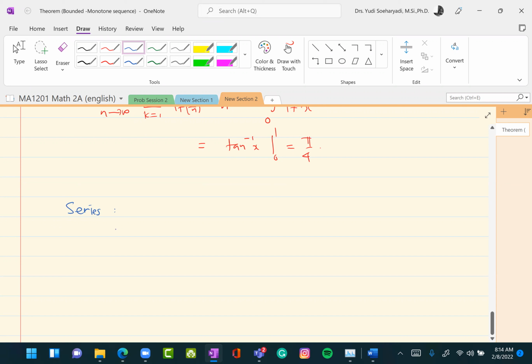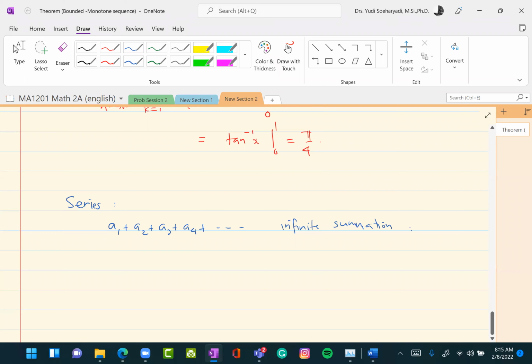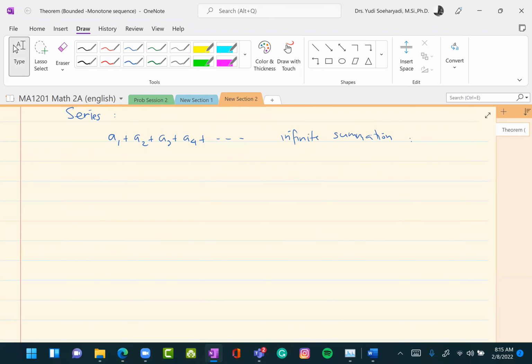Series is of this form, and sometimes you start with one, dot, dot, dot. So in our terminology, a series is always an infinite summation.